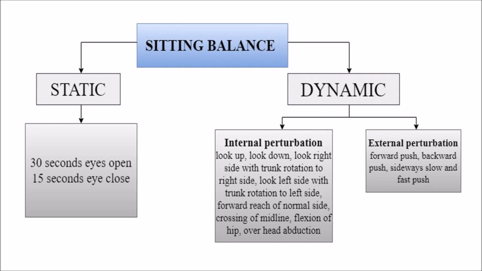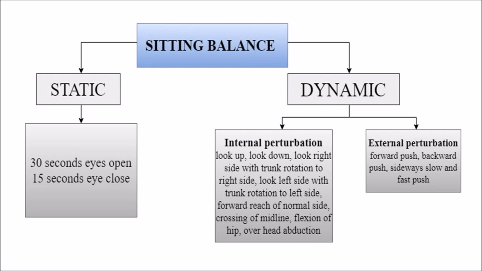Next is sitting balance. There are two types of balance: one is static balance, the other is dynamic balance. In static balance, there are two parts. First, you open the eyes for 30 seconds, and in the second part, you close the eyes for 15 seconds. In the first part, the patient keeps the eyes open for 30 seconds and concentrates on one point.